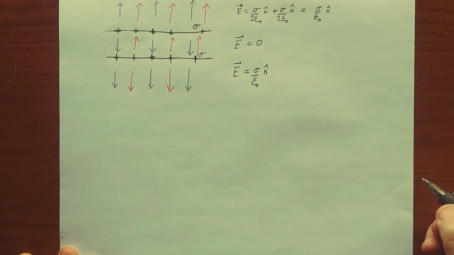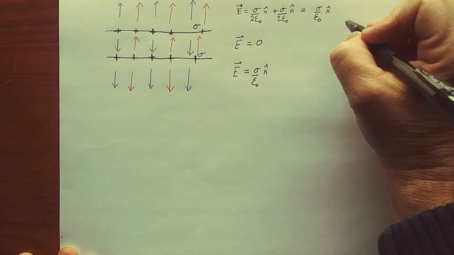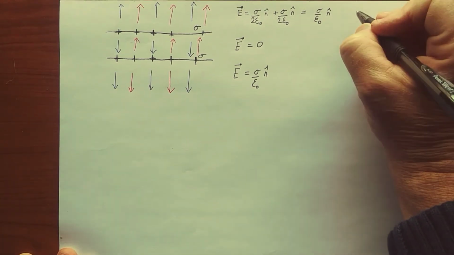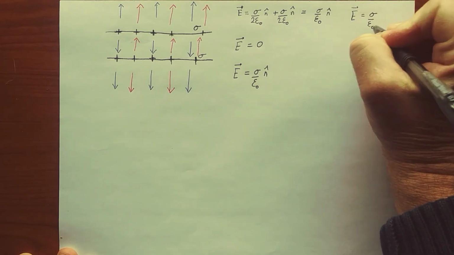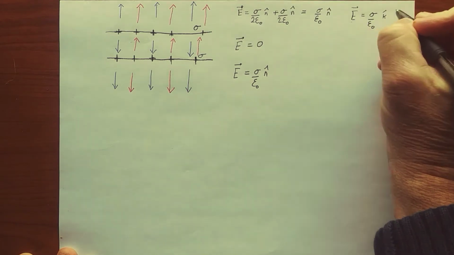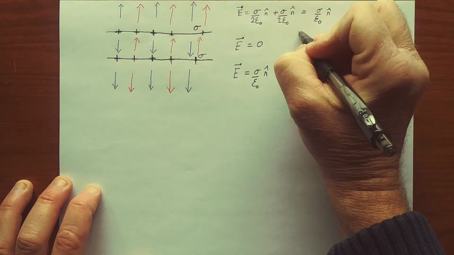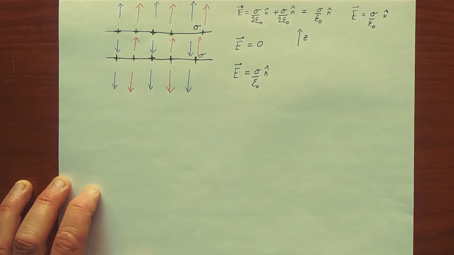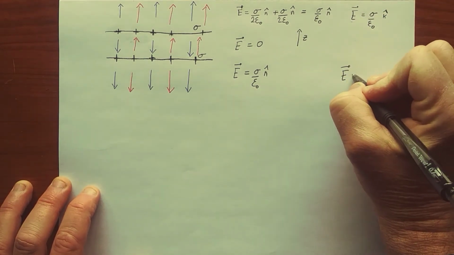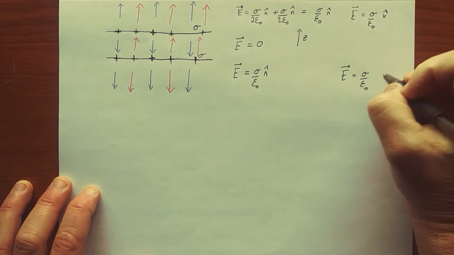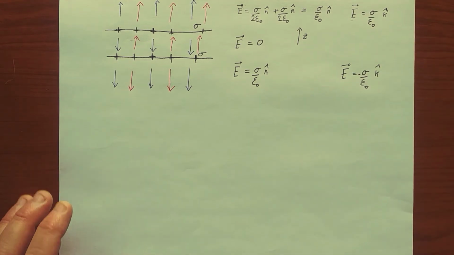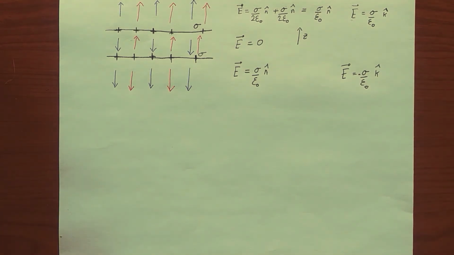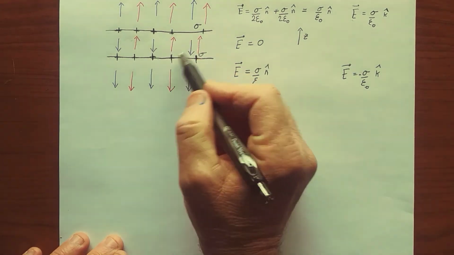If we used x, y, z coordinates, we could say that the electric field above the planes is sigma over epsilon naught, say k hat, if we decide that's the z direction, and the field down here would then be sigma over epsilon naught times minus k hat. So we have an electric field that's constant everywhere, but it's 0 in between the plates.